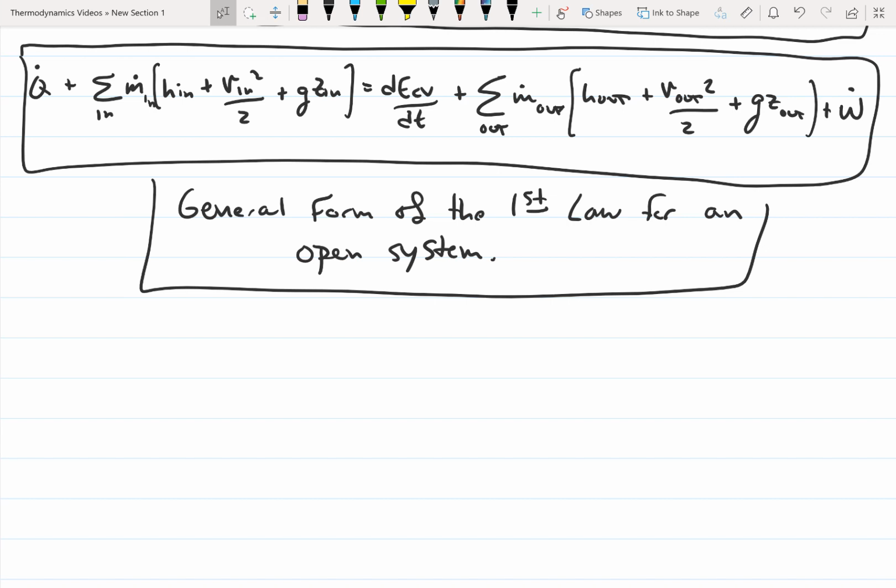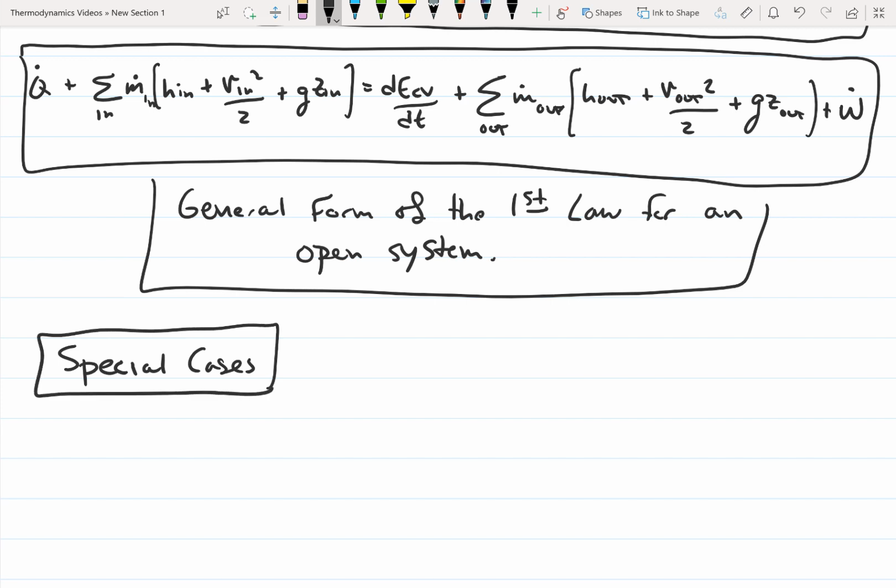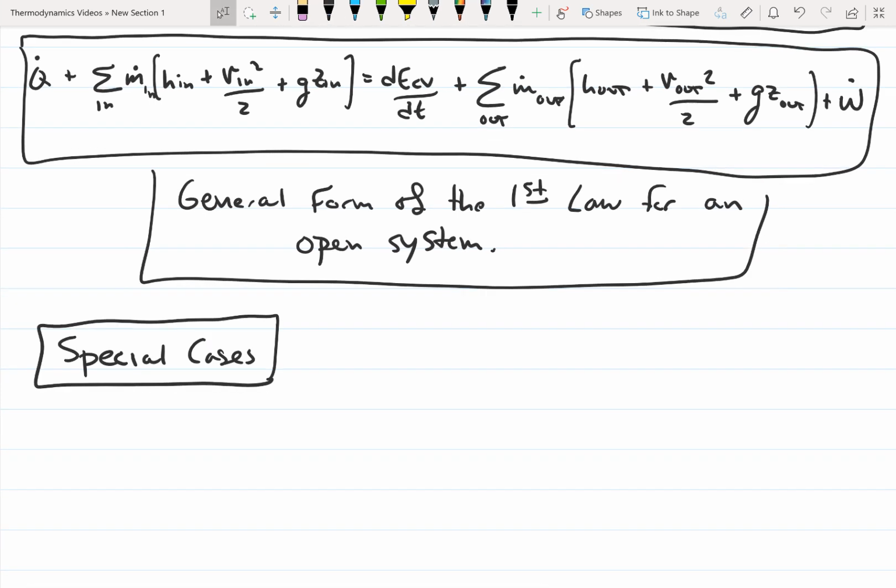But now what we can do is look at some special cases. First of all, if we have steady flow, it basically means that there's no change with time. And basically what this means is that a few of our time derivatives are going to be zero.